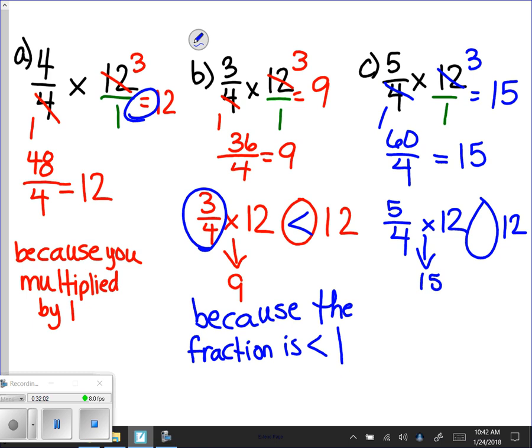Is it greater than, less than, or equal to 12? It's greater. It's greater than 12. Why is it greater than 12? Do you know, Daniel? If you know, that'd be awesome.